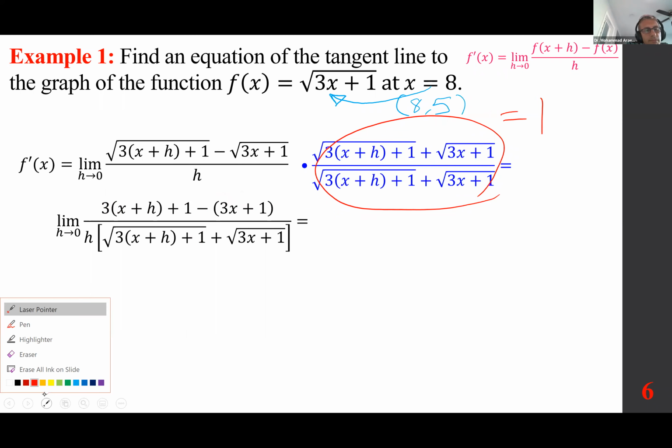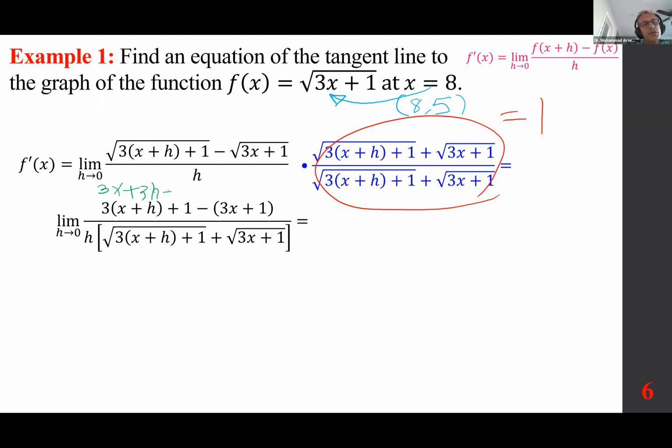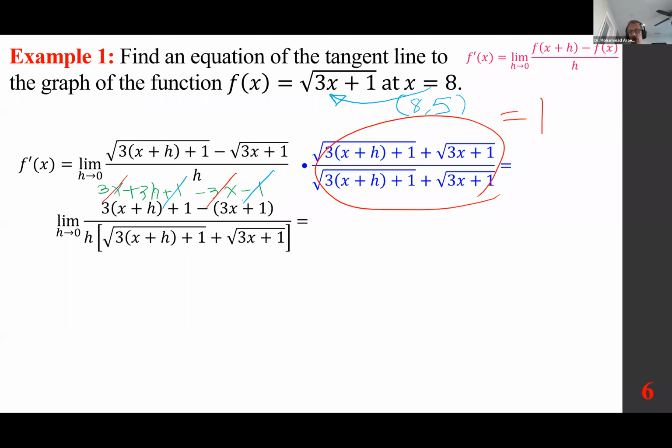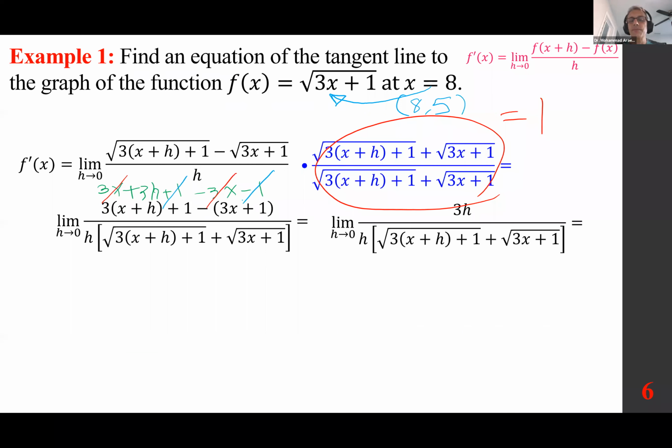So let's do that. So this is 3x plus 3h plus 1. This is minus 3x minus 1. 3x and negative 3x cancel each other. Positive and negative 1 cancel each other. So we are left with 3h in the numerator.